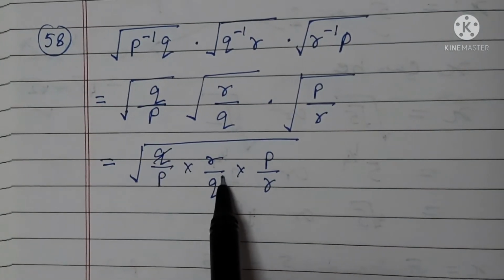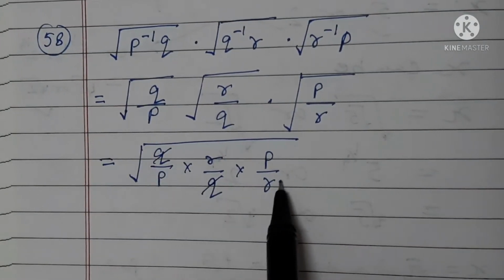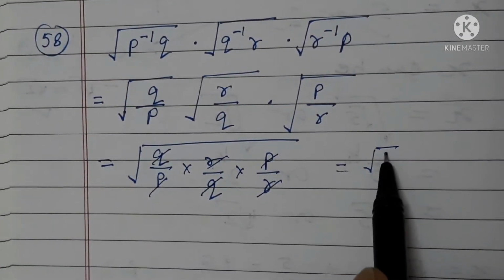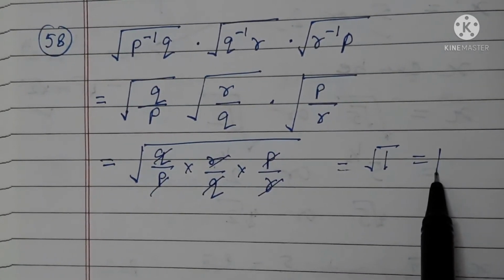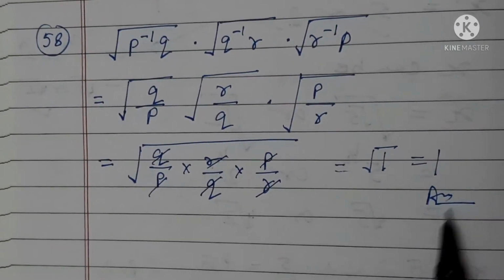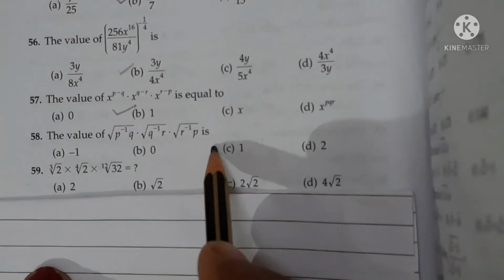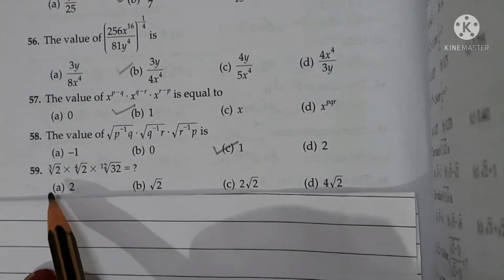So cancel q, r and p. This becomes under root 1, or you can write it 1. Answer. Option C is correct. Next question number 59.